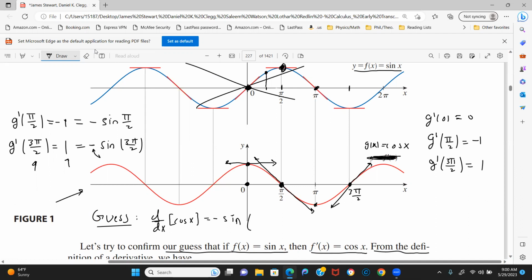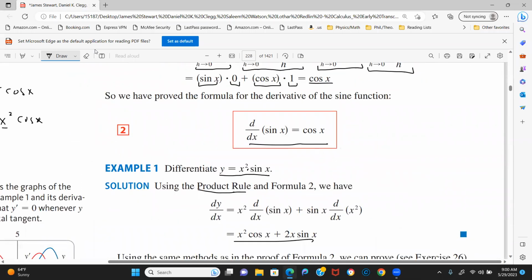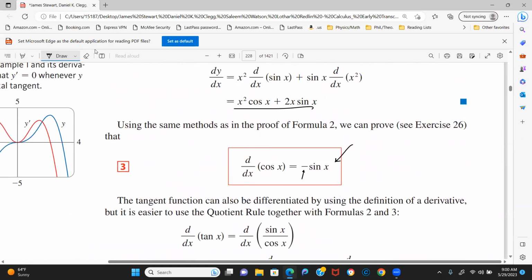So all these are non-rigorous calculations. What all these pictures and intuitions suggest is that the derivative of cosine should be equal to negative sine x. And if you go through all the same calculation we did for sine of x using the difference quotient definition of derivative, you will see that you do get this.